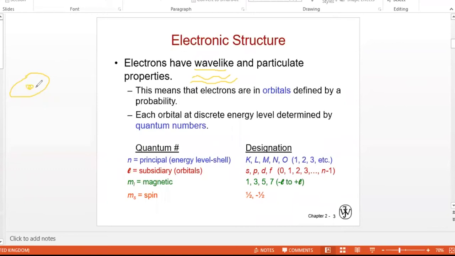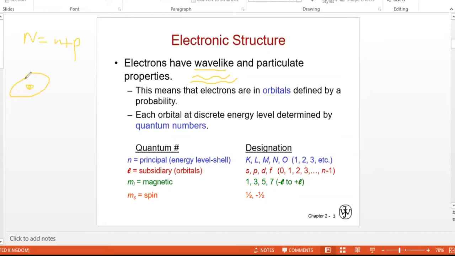The nucleus consists of only protons and neutrons, you know that. And electrons, what would they do? They will keep on rotating on the orbit.